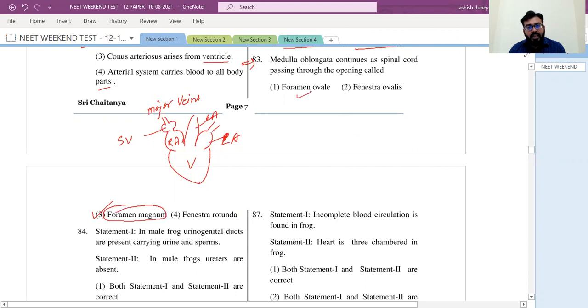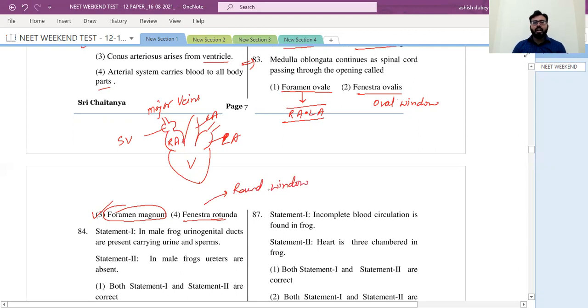So what is foramen ovale? What is fenestra ovalis? What is fenestra rotunda? Foramen ovale is the oval opening between the right auricle and the left auricle in the case of embryo, which later on fills up. Fenestra ovalis is the oval window of the internal ear, and fenestra rotunda is the round window of the internal ear.